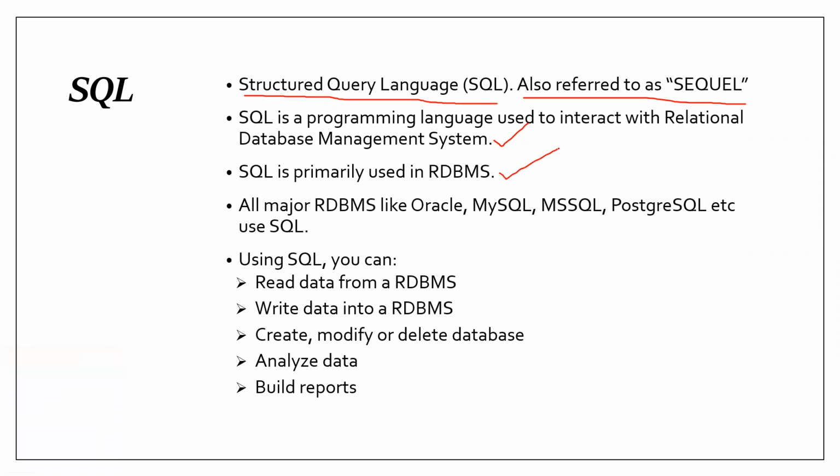For any database, we use SQL to interact with it. If you want to perform any action on the database, whether modifying, inserting, meaning creating the data, updating the data, or deleting the data, you need to use SQL.